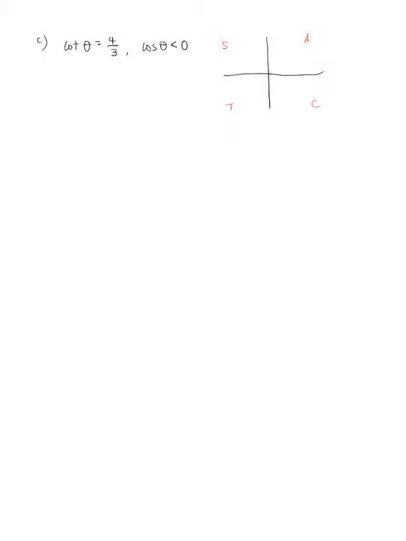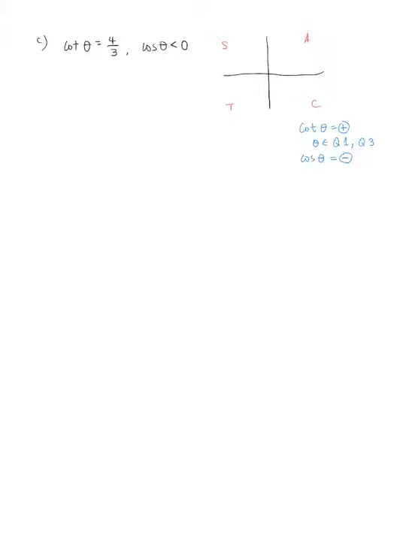So let's analyze this. We got cotangent of theta is positive 4/3. I'm just going to denote it as positive. That means cotangent is positive in quadrant 1, and where else? Quadrant 3. And then cosine of theta is negative.